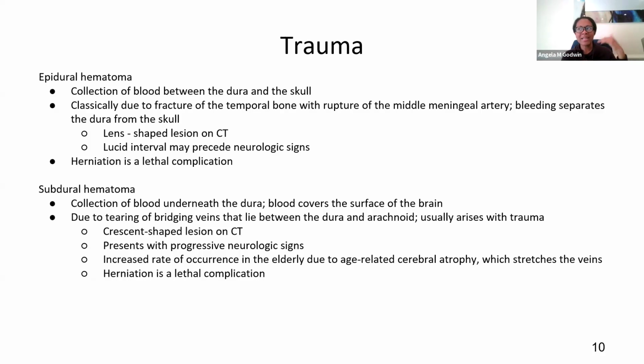Because it takes a while for that pressure to develop, initially the person actually seems fine. If you do an A&O assessment, you wouldn't know that a bleed is occurring. But eventually the bleed pushes, and then herniation develops.